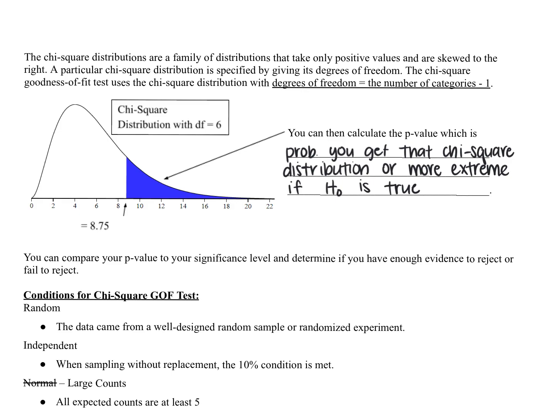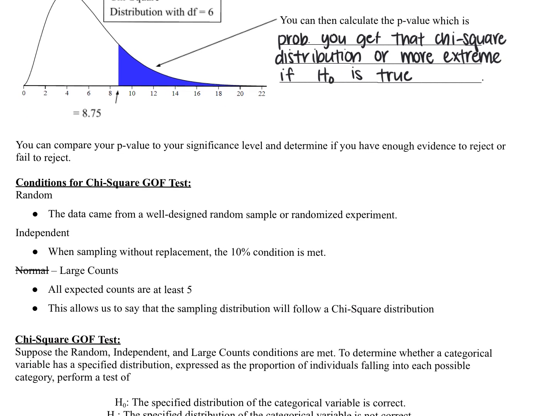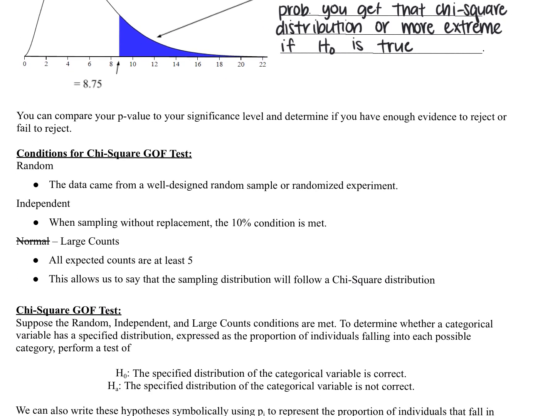So when it comes to our conditions for our chi-square goodness of fit test, we don't really check them because some of these we just assume are already met. So for random, the data came from a well-designed random sample or randomized experiment.